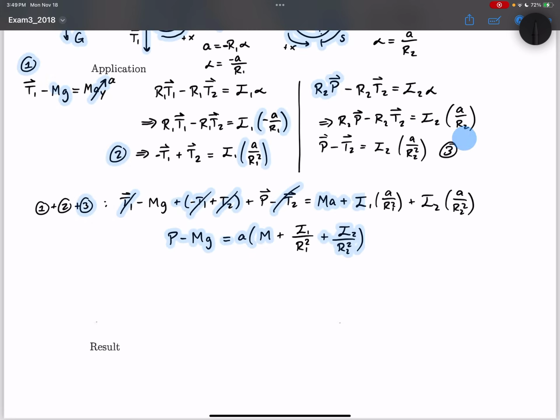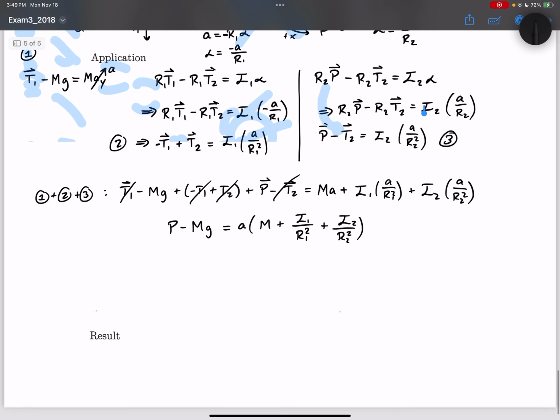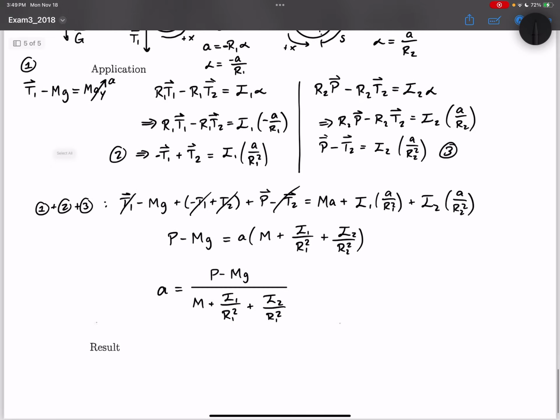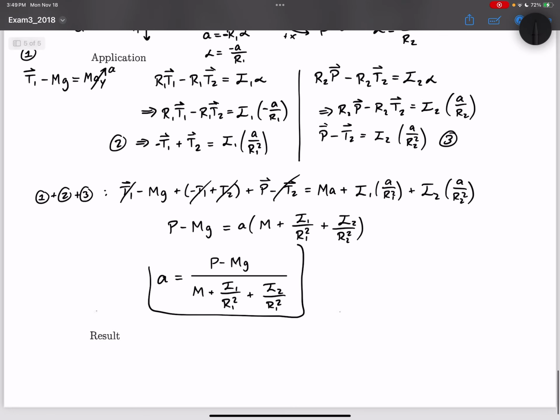Then acceleration is going to end up equaling P minus mg over M plus the inertias divided by the radii squared. Okay, cool. We have found the answer. Hooray.